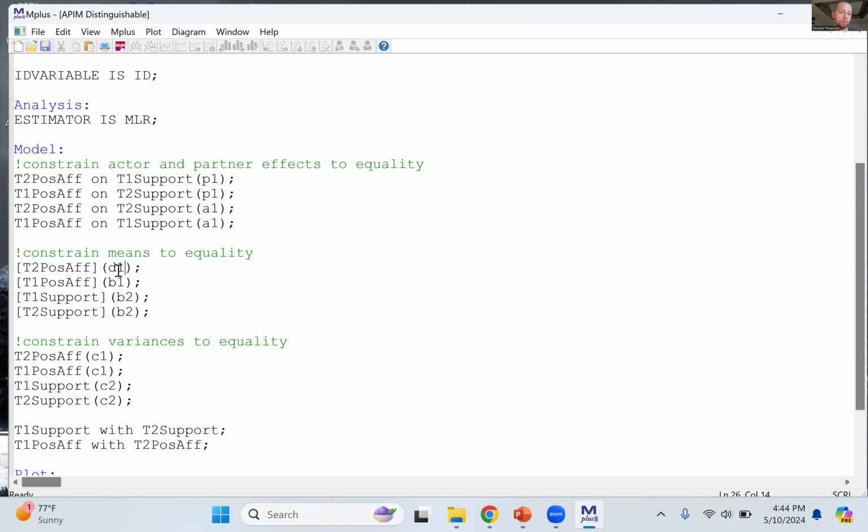So you have to be sure that your labels perfectly match. Otherwise, Mplus is not going to constrain your effects to be equal. Or perhaps you might constrain the wrong effects to be equal. You might accidentally constrain an actor effect to be equal to a partner effect, and you don't necessarily want that in your analyses, at least at this point. So be really, really careful around your labeling of the values.